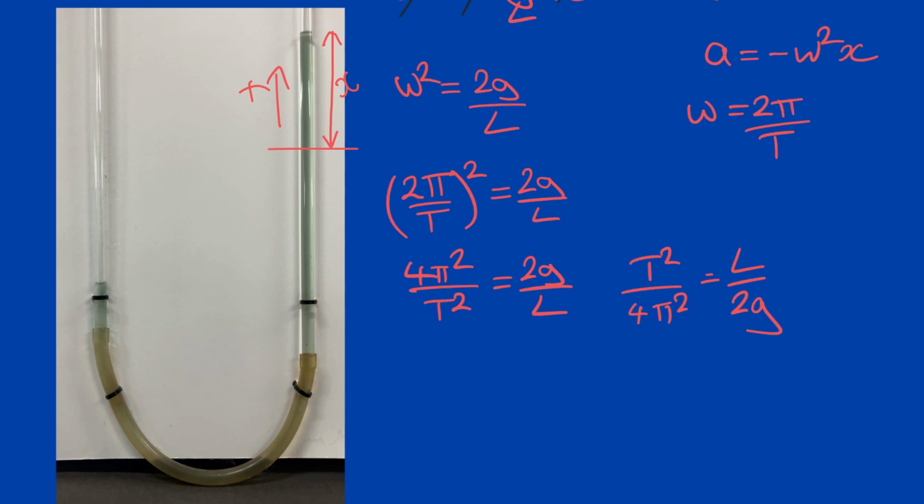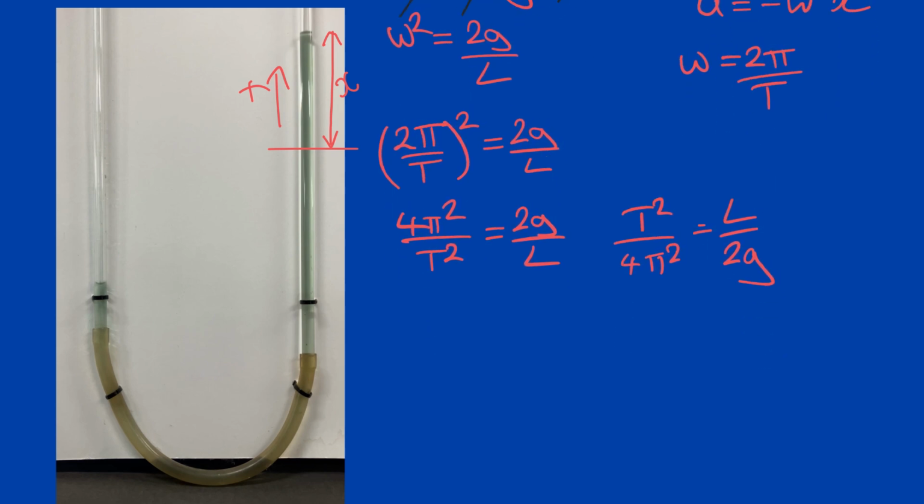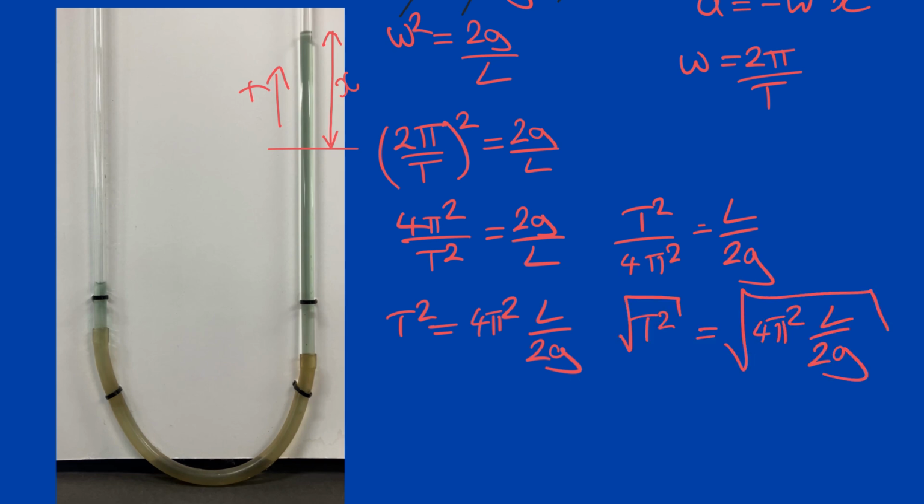Once again, let's move things up to give us a bit more space. And now we can multiply both sides by 4π squared to give time period squared equals 4π squared times L over 2g. And let's finally take the square root of both sides, which simplifies down to T equals 2π square root of L over 2g.